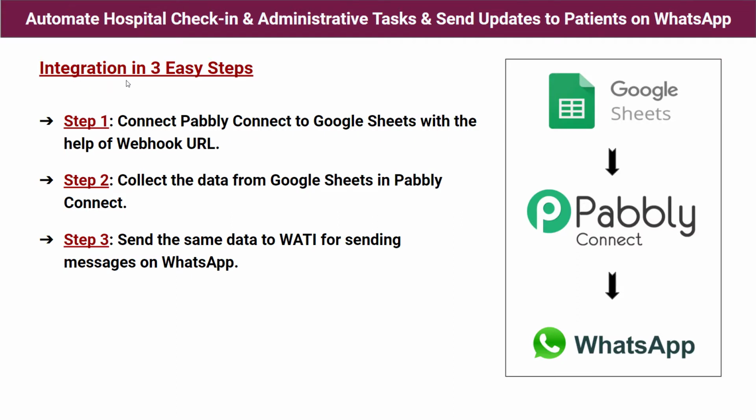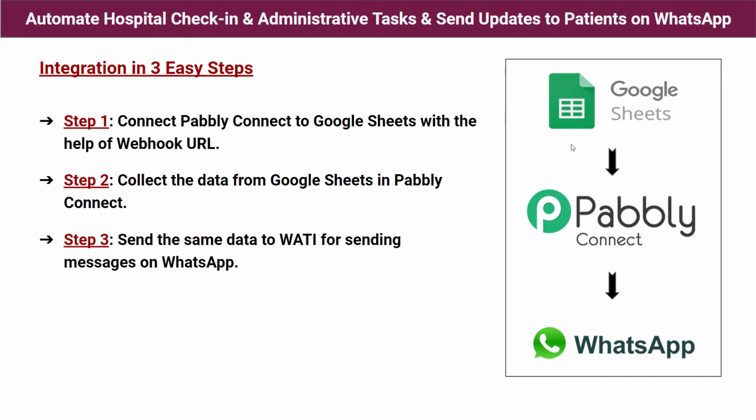So guys, these are the 3 easy steps by which you can also make this integration or connection between Google Sheets and WhatsApp. Step 1 is connect Pabbly Connect to Google Sheets with the help of webhook URL. First of all, we are going to open Pabbly Connect and connect our Google Sheet to Pabbly Connect. Step 2 is collect the data from Google Sheets in Pabbly Connect.